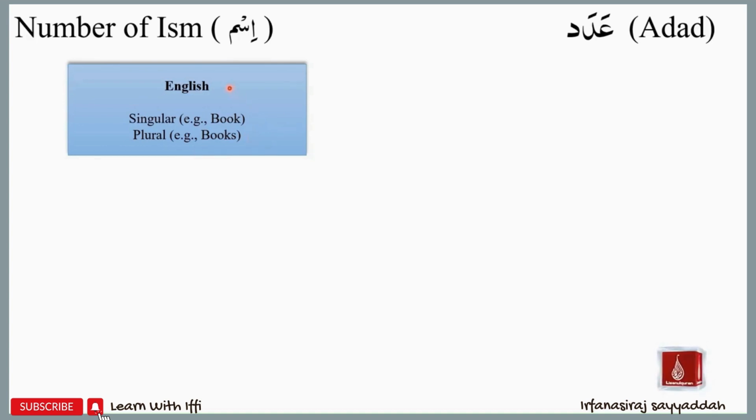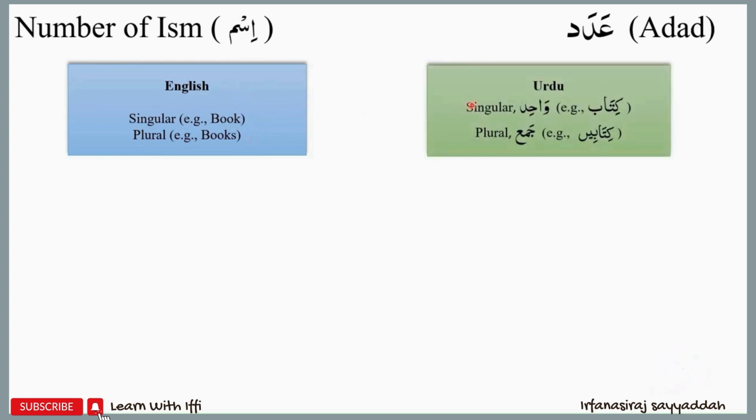Similar to English, in Urdu language, we also have 2 categories when it comes to grammatically looking at numbers. We have the singular group and the plural group. The term used for the singular group is wahid, and the term used for the plural group is jama. For example, in Urdu, if we are referring to one book, we will use the word kitab. Or if we are referring to 2 or more books, we will use the word kitabein or kitabon.